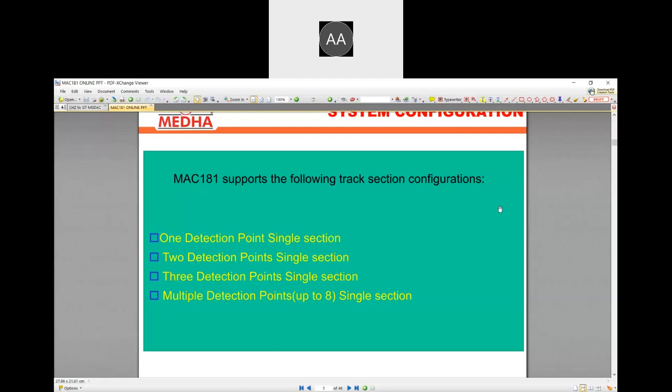And if there are n number of points, multiple detection points can also be handled by the system, up to a maximum of 8. So these are the different configurations that the system is designed to support.